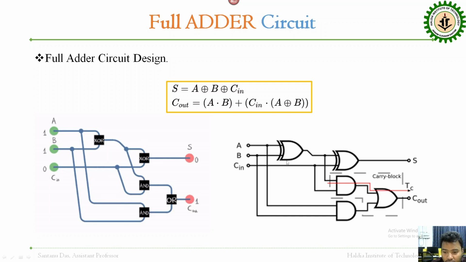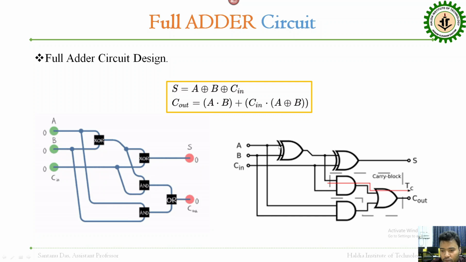So we can say that a full adder consists of two half adders, because an XOR gate and an AND gate represent a half adder.